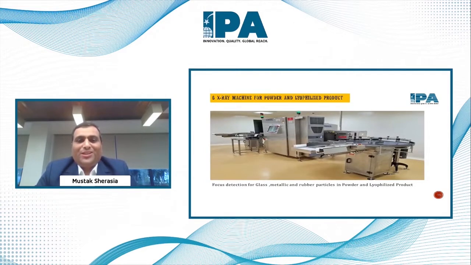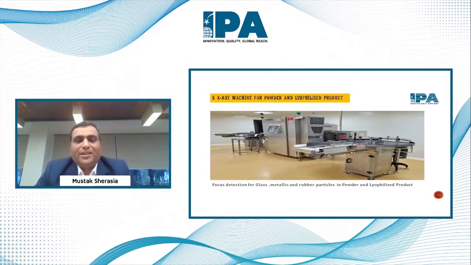This is a very important technology, used specifically to detect metallic, glass and rubber particles in powder and lyophilized products. X-ray machines are useful in case any embedded glass or rubber particles are present in powder and lyophilized formulations.